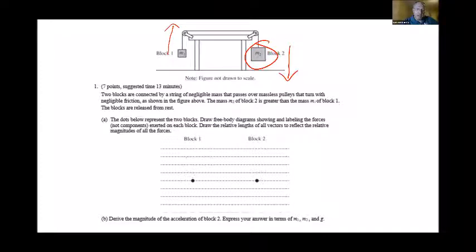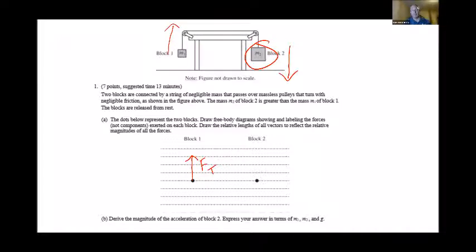So I'm going to draw the force of tension, and I don't really know how long to draw it. I'm going to draw it like this, and I'm going to label it F sub T. That's sort of the standard way of labeling tension. You probably could get by with a T, but that could be torque, that could be other things. So F sub T is probably the best way to do it.